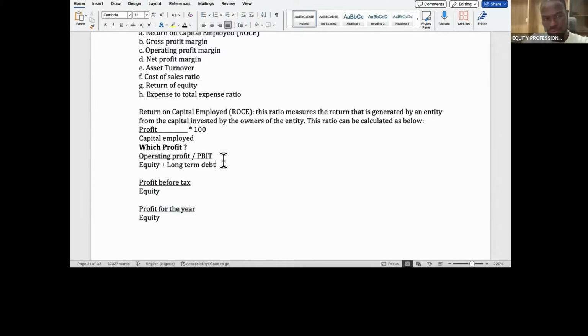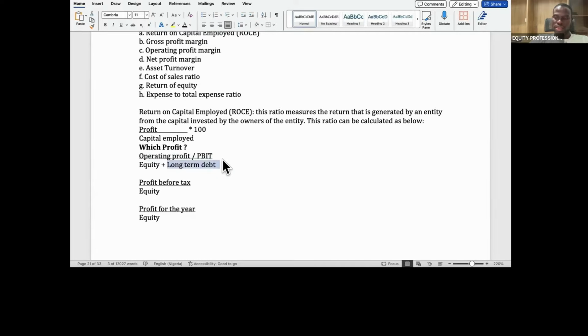Why is this relevant? When you're using operating profit or PBIT and you are not using equity plus long-term debt, it becomes very wrong, because this operating profit is a profit before paying interest. And remember, you pay interest to your debt holders. Therefore, this profit belongs to equity and the debt holders.